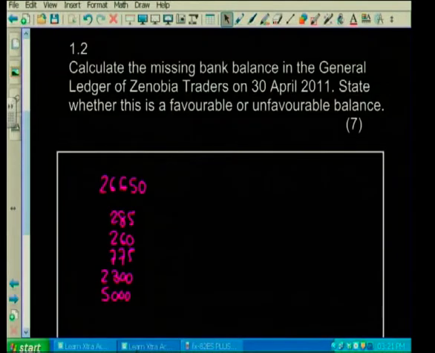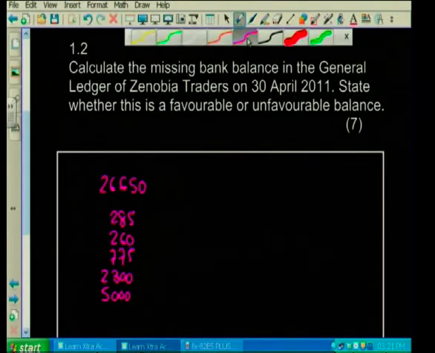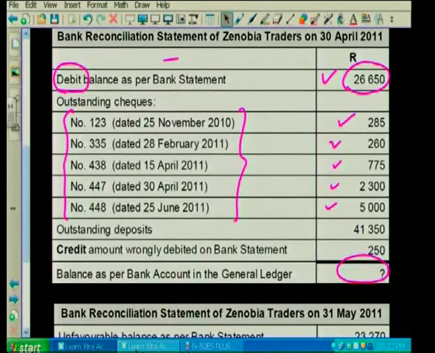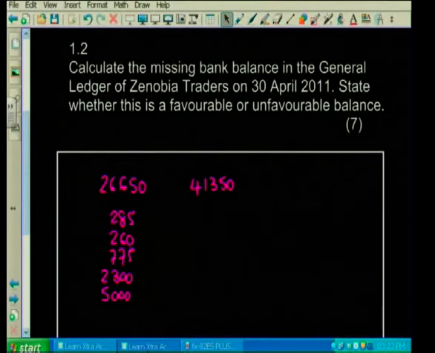So therefore, 41,350. It says credit outstanding deposit. Notice I put it separate from the others. Credit amount wrongly debited on the bank statement, 250. That amount is 250. What do I now do?